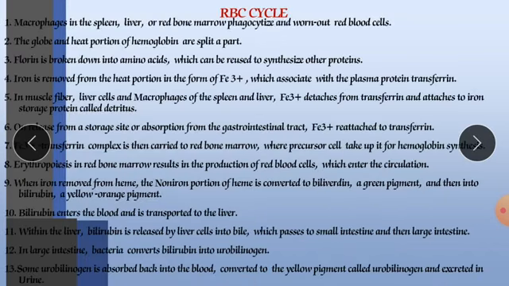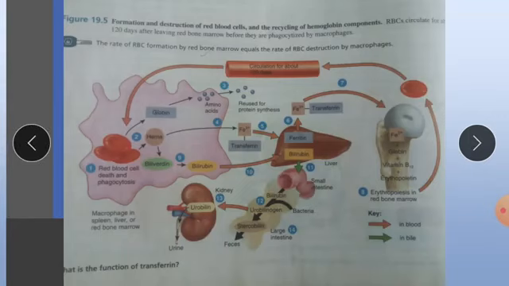Now next point: in muscle fibers, liver cells and macrophages of the spleen and liver, the Fe3+ iron detaches from the transferrin and attaches to the iron storage protein called ferritin. So transferrin, which carries iron from the blood toward our liver, detaches, and the iron attaches to ferritin.